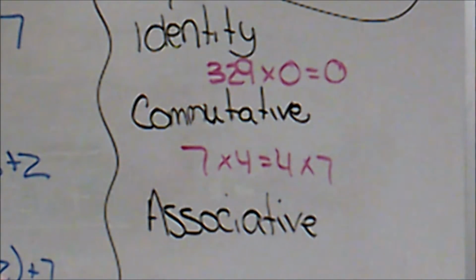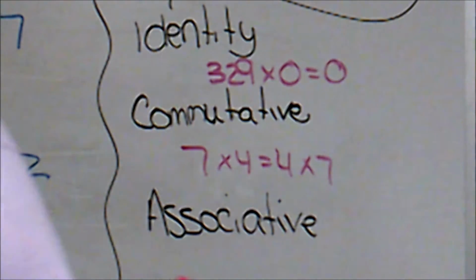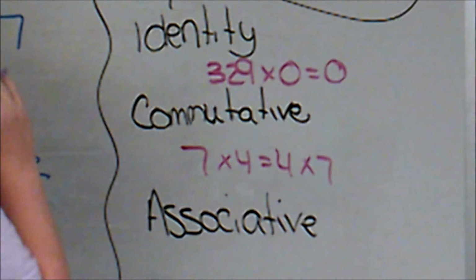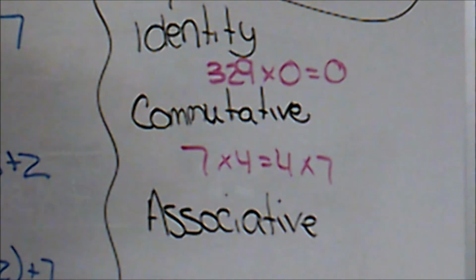And similarly, the associative property says that I can put those brackets, braces, parentheses around any numbers with multiplication and still get the same product.